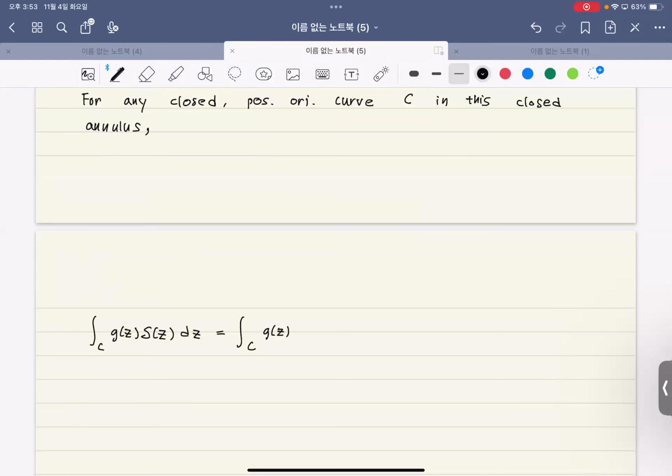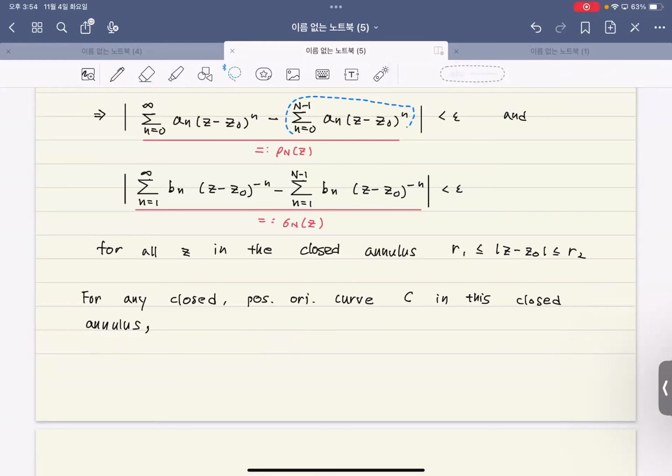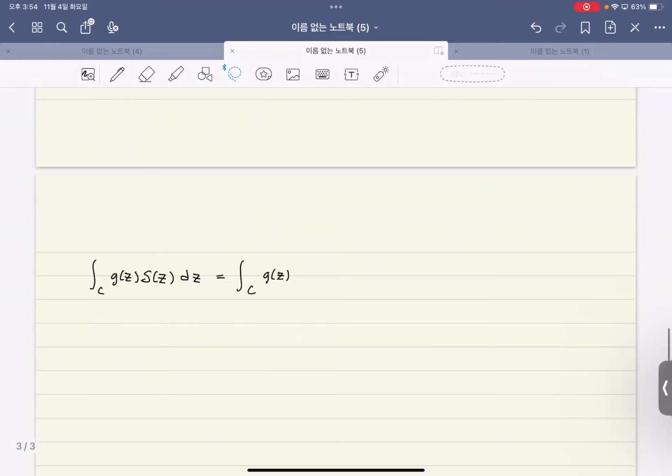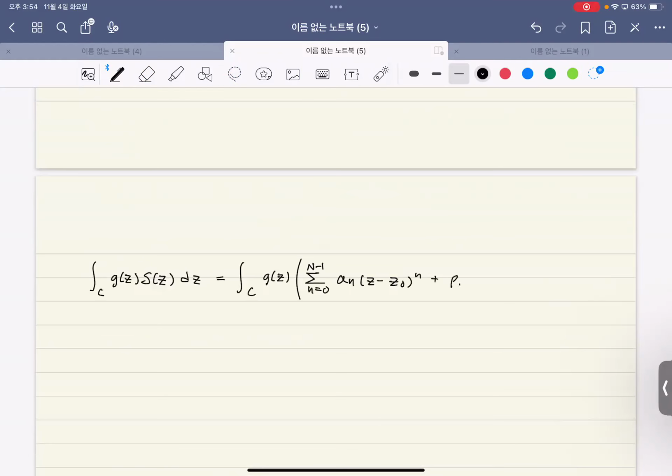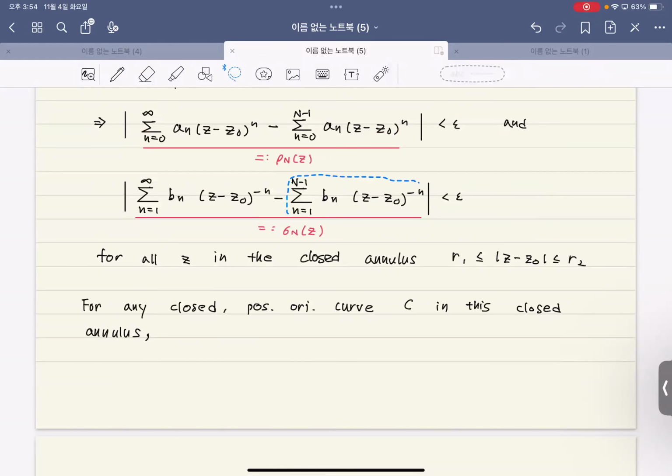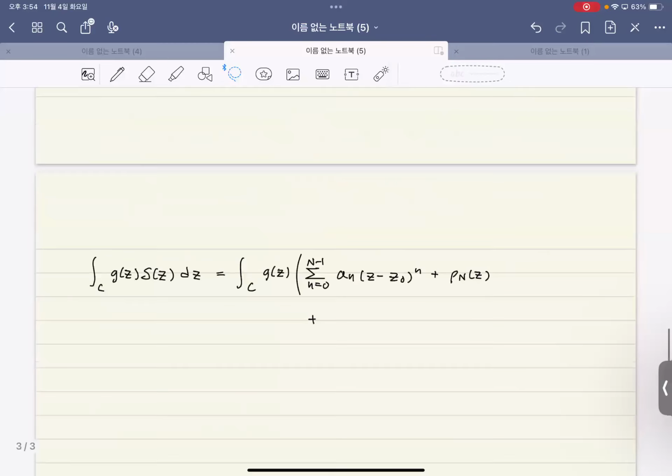From n0 to n minus 1, I will just copy and paste everything, plus rho n of z, and plus sigma n, everything by dz.